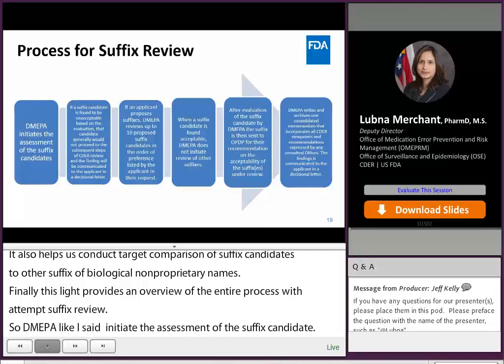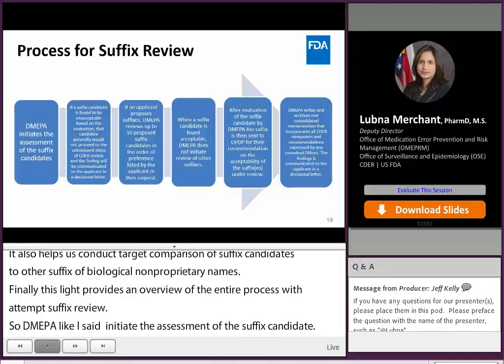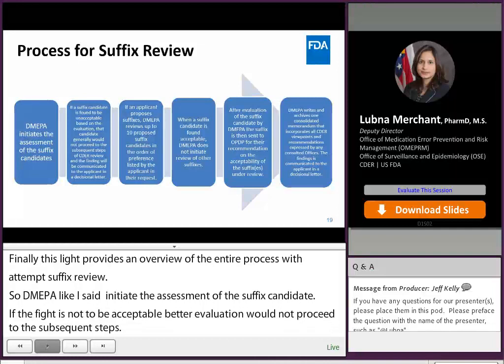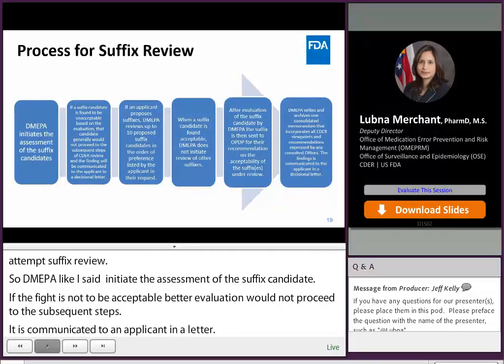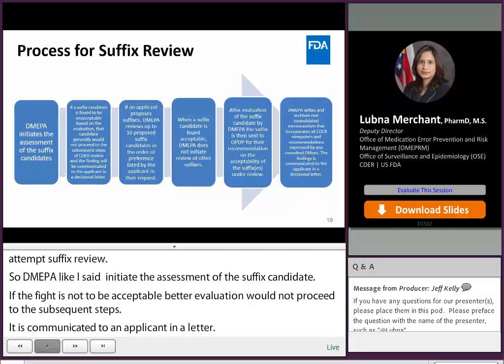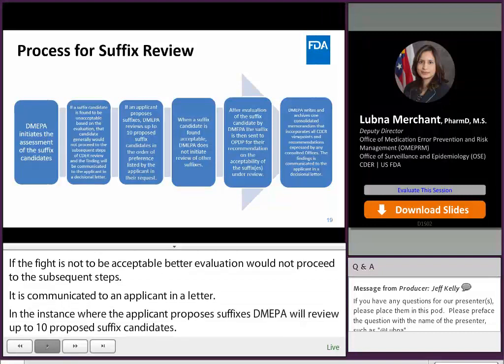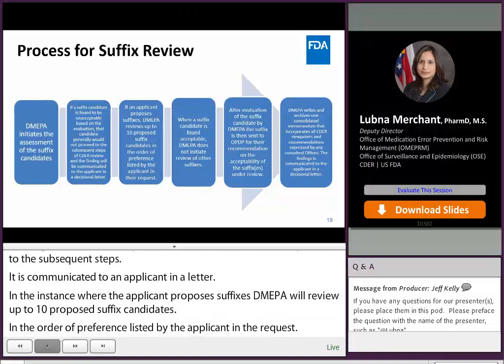In the instance where the applicant proposes suffixes, DMEPA will review up to 10 proposed suffix candidates in the order of preference listed by the applicant in their request. Once we find a suffix candidate that is acceptable, we will then not initiate review of the following suffixes.